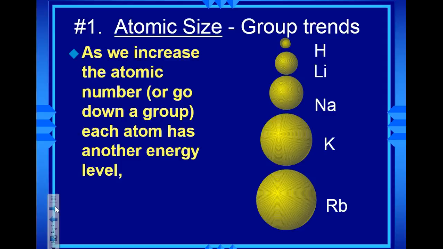If we look at the Bohr model, there is another orbit. If we go down to sodium, sodium has 11 protons and 11 electrons. And here we have 3 shells. As you add another shell of electrons, the atom becomes larger.